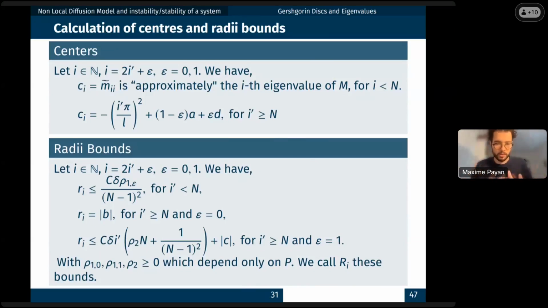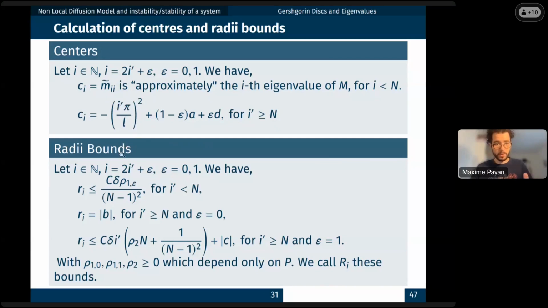So we expect to have this, but we are not sure, okay? But this is a single real number that the computer gives us, okay? And the last centers will be the diagonal elements, and they don't change by P and Q, of course. So its behavior in i will be like i squared, okay?